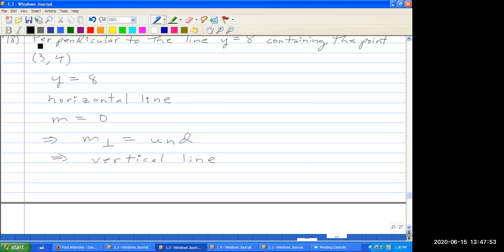And so the vertical line is going to have just the value x equaling 3. So that's the equation of your vertical line. You can't have it in slope-intercept form, so you have to have it in general form. So let's call this x minus 3 equaling 0.